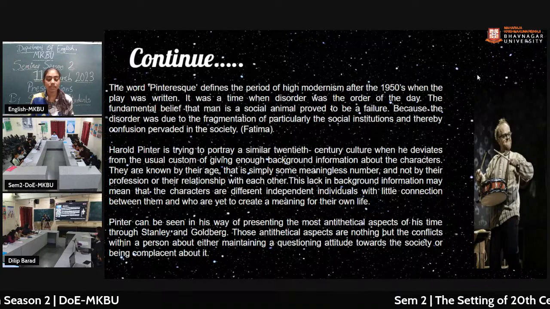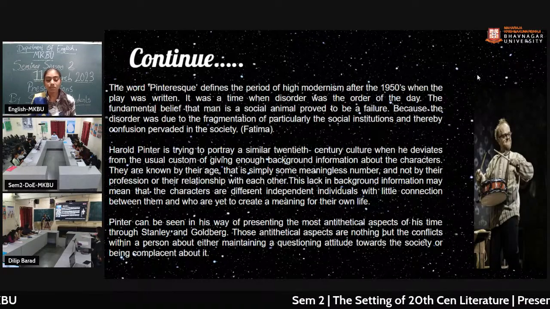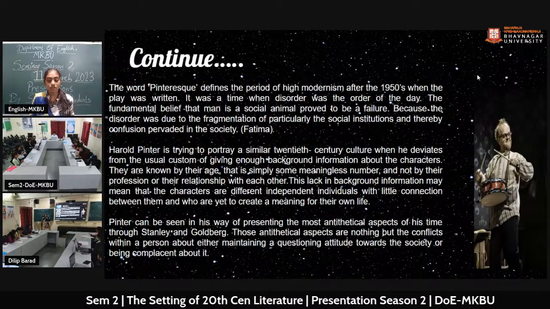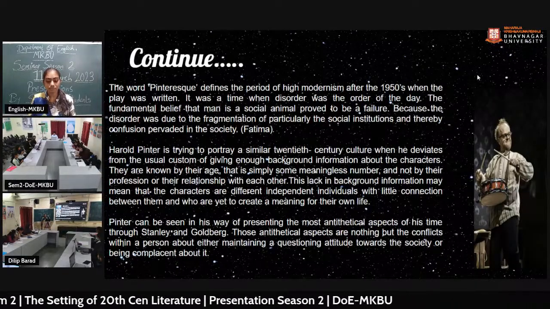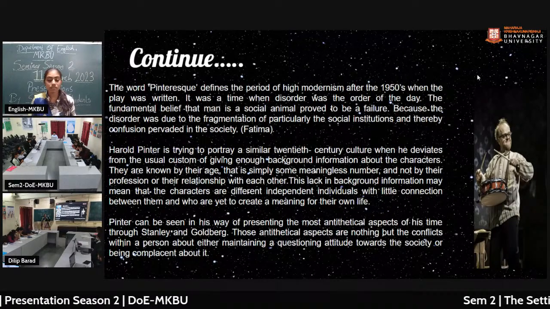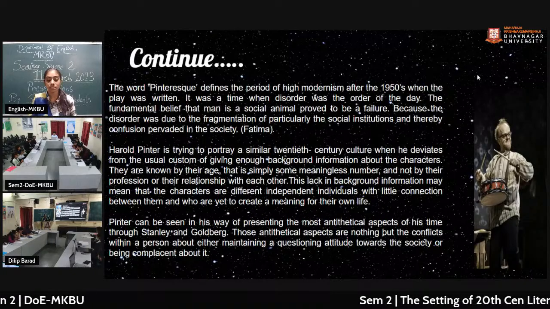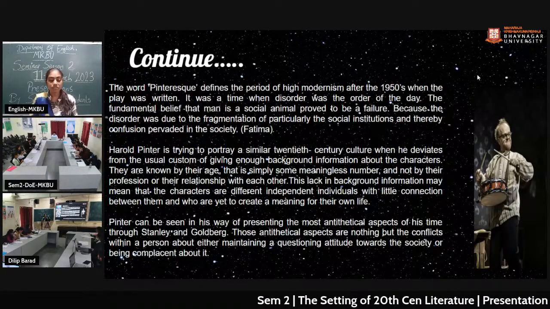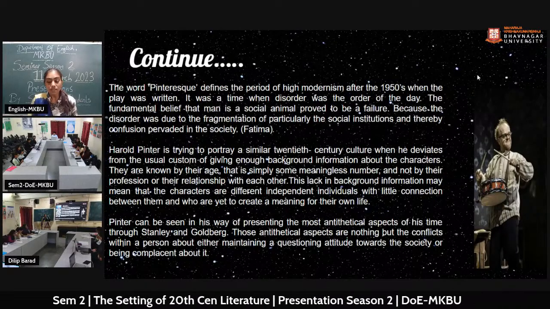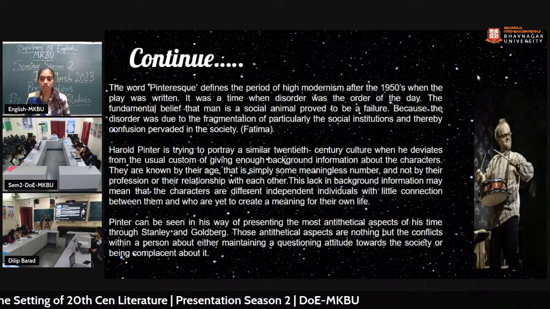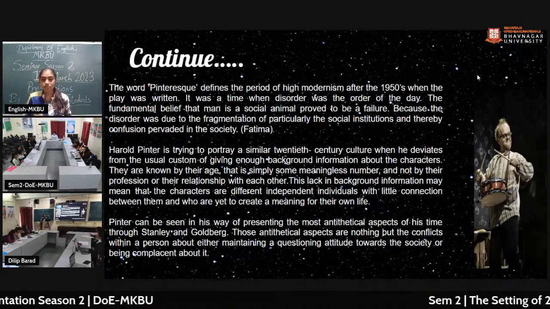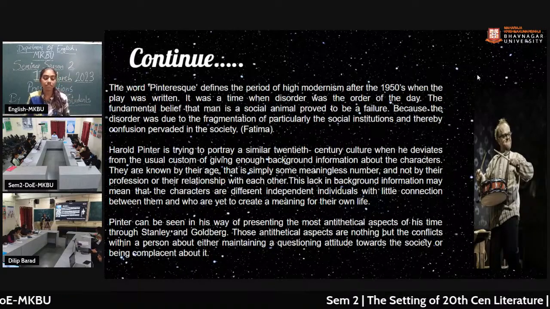They are known by their age, which is simply some meaningless number, and not by their profession or their relationship with each other. This lack of background information may mean that the characters are independent individuals with little connection between them who are yet to create a meaning for their life. In this play, there is not any kind of description about characters except their names or ages.